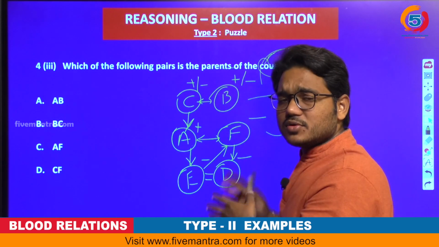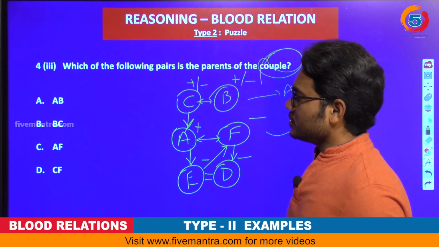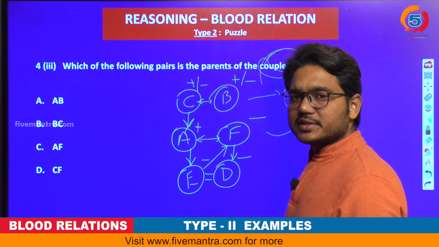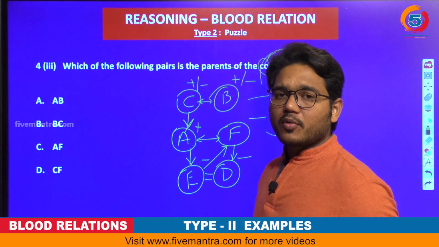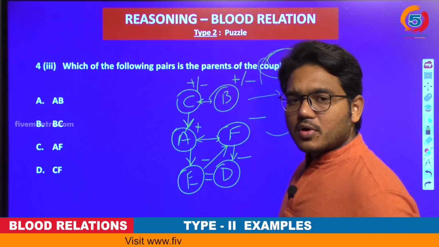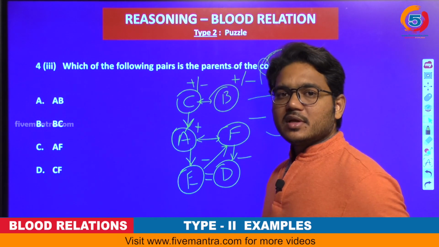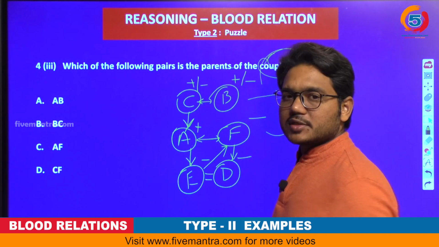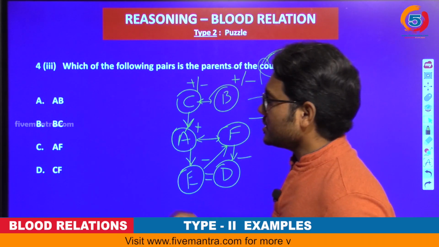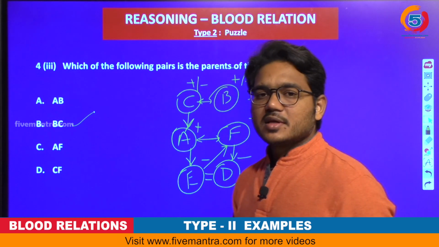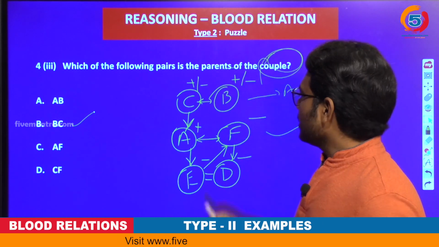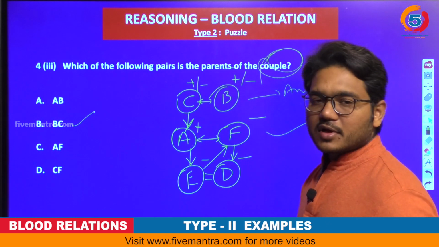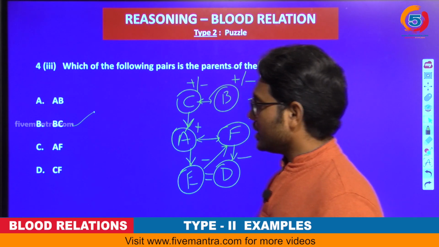It is obvious. Once you draw this relationship tree, whatever question is asked, you can easily trace out. So our important point is that you should not go wrong with this. You must be very sure of this relationship tree. So what is the answer here? The suitable option is B, C, the parents of the couple. Okay, so we will go ahead.